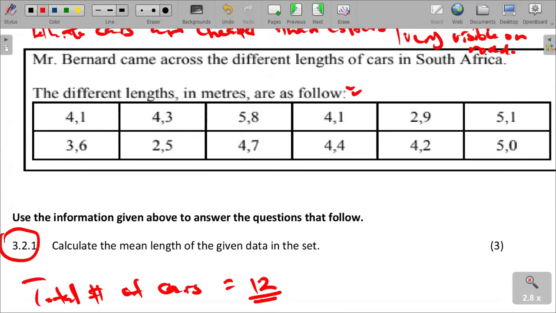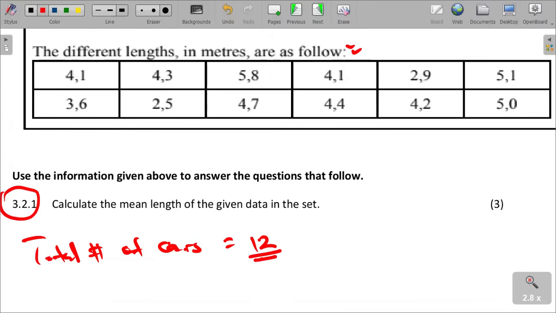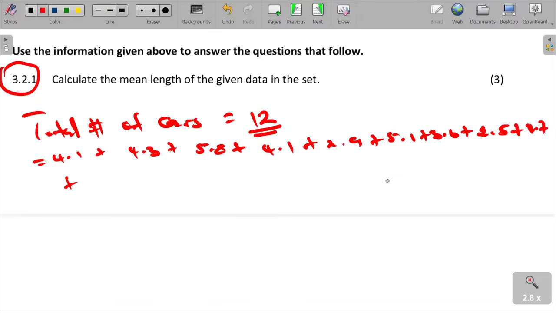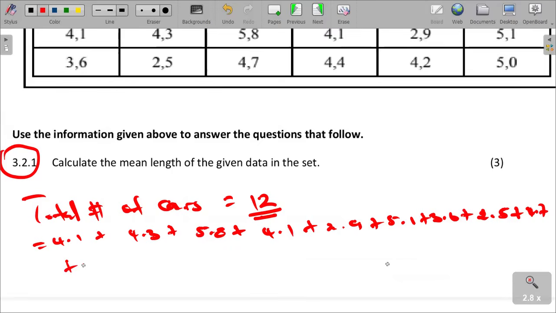So 4.1 plus 4.3 plus 5.8 plus 4.1 plus 2.9 plus 5.1 plus 3.6 plus 2.5 plus 4.7 plus 4.7 plus 4.4 plus 4.2 plus 5.0.